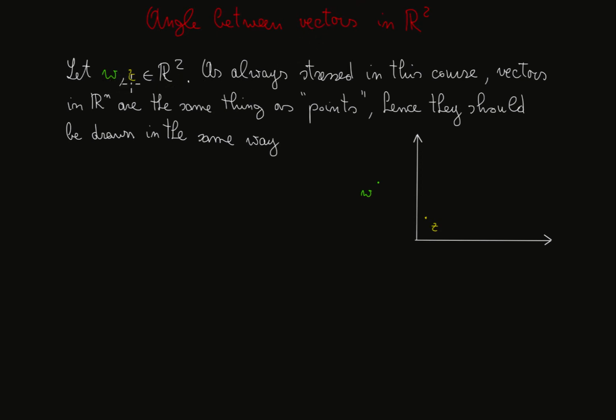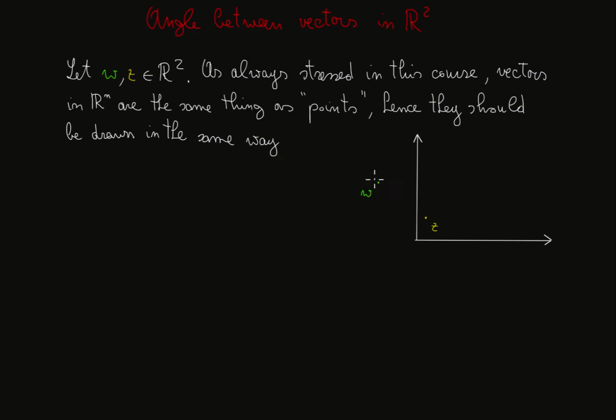Let W and Z be two vectors in R². As always stressed in this course, vectors in Rn are the same thing as points. Hence, they should be drawn in the same way.